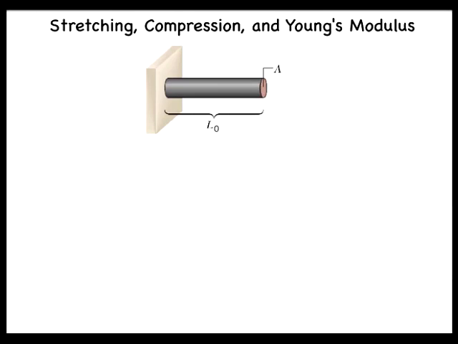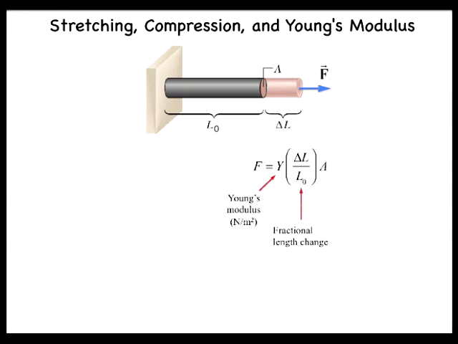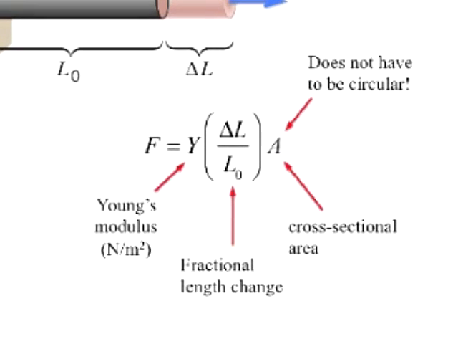Consider a force that pulls on a circular rod and stretches it. This, by the way, is called a tensile force when directed this way. It would be a compressive force had the force been oriented in the opposite direction. Experiments have shown that the magnitude of the force can be expressed by the relation F = Y ΔL/L0 × A, provided that the amount of stretch or compression is small compared to the original length of the object.